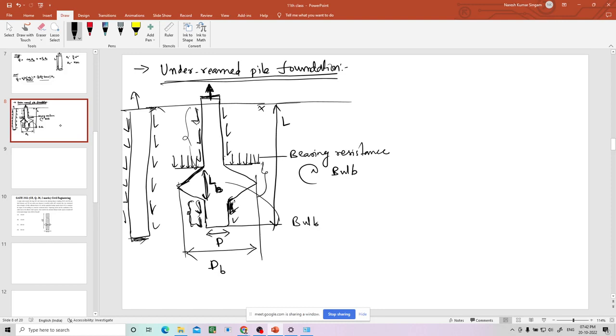And this portion will not give any frictional resistance. Instead, that will give bearing resistance, right? So, what is the diameter of this bulb only? If you deduct D from dB, you will get the diameter. So, it's like you are deducting this portion. This annular space will give the bearing resistance. It will act as bearing. That portion's diameter is dB minus D.